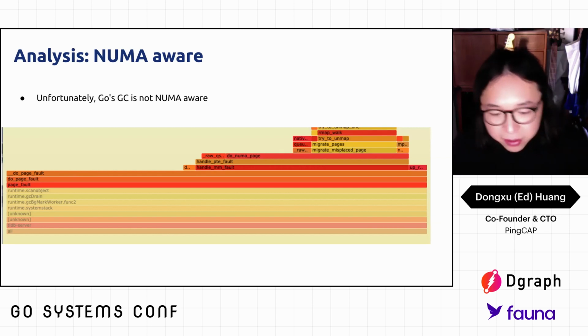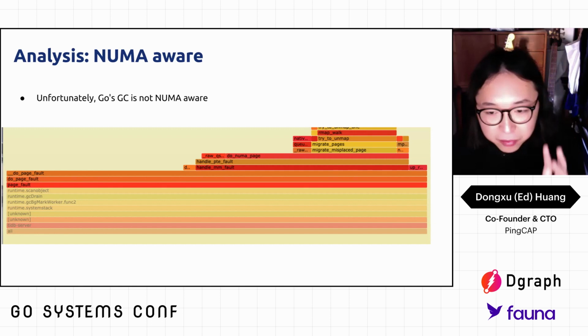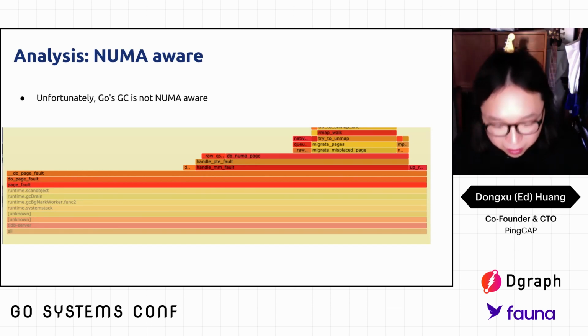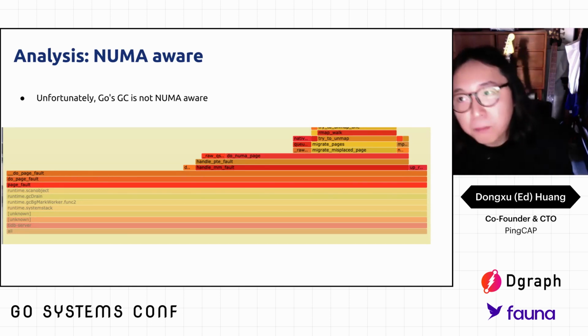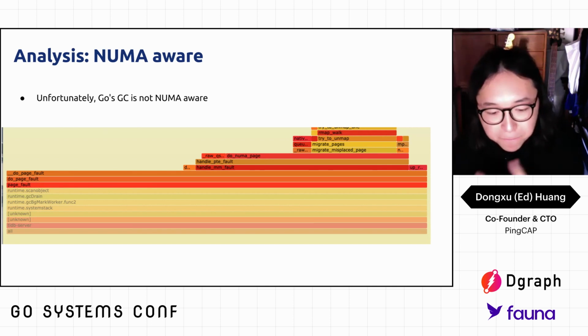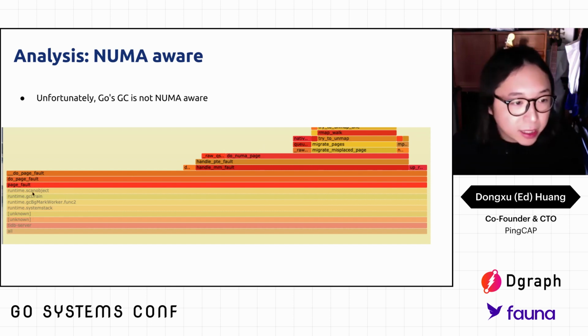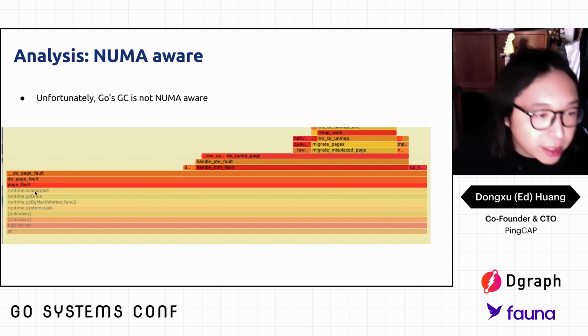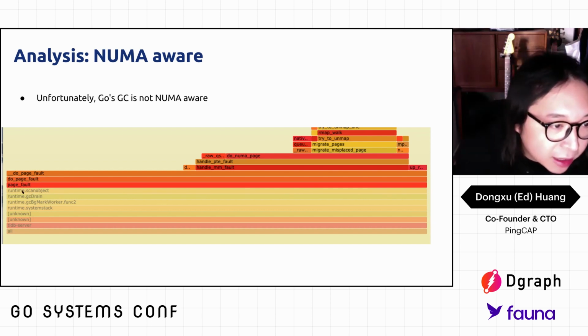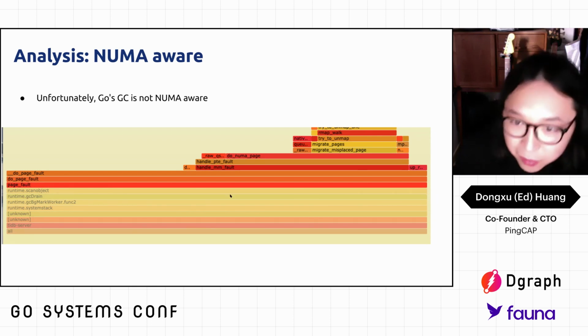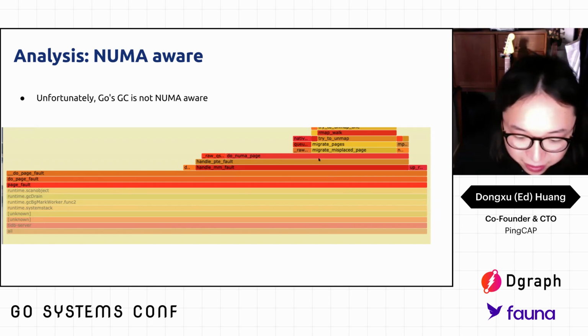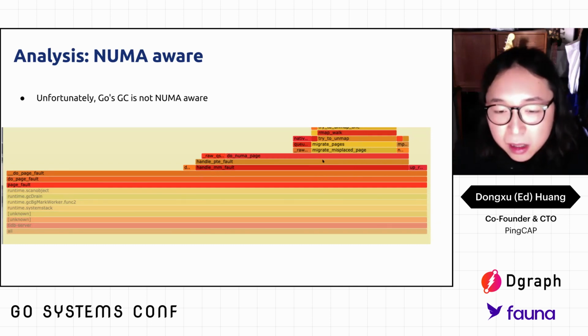That means when you scan memory not owned by the local NUMA core, that will trigger OS memory page migration, as you can see here. For example, the GC module is scanning objects, but that causes a lot of page faults, which may affect the performance.